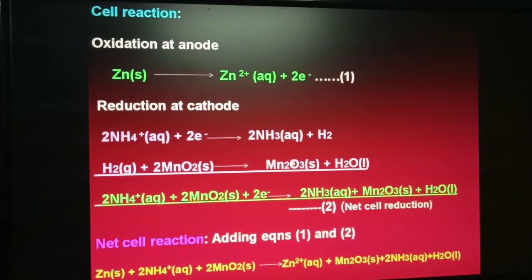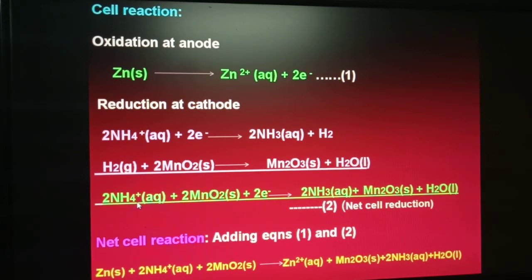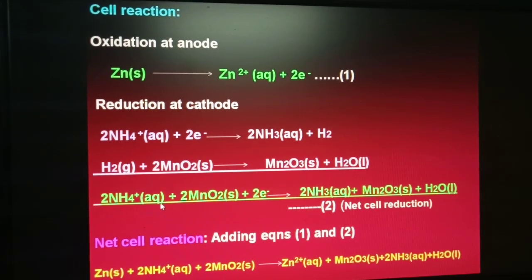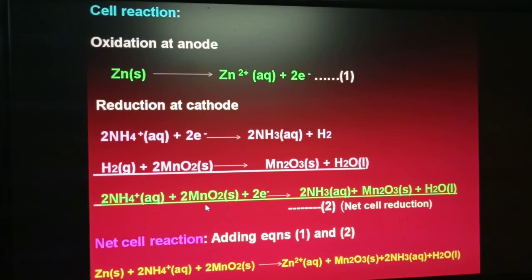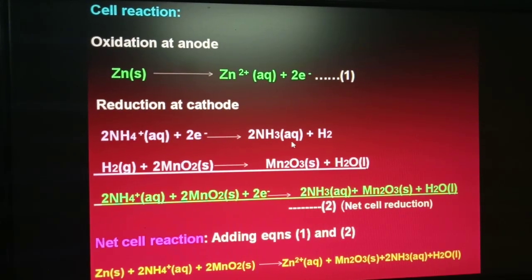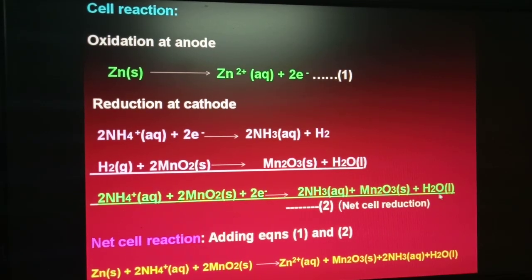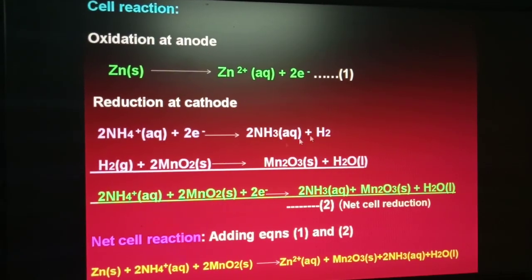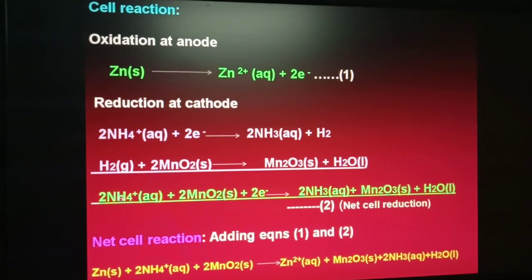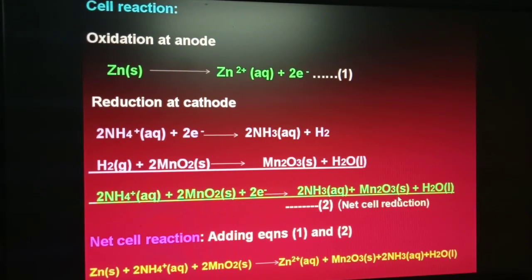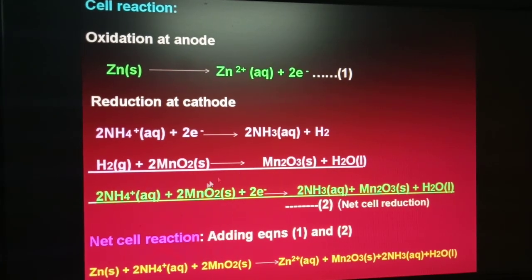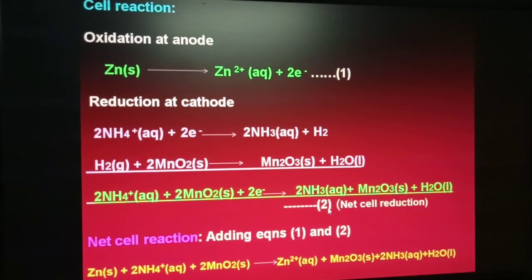So the net cell reaction at cathode is 2 NH4+ aqueous plus 2 MnO2 solid gains 2 electrons to give 2 NH3 aqueous plus Mn2O3 solid plus H2O liquid. H2 gas gets cancelled, so it is not represented in the reaction.